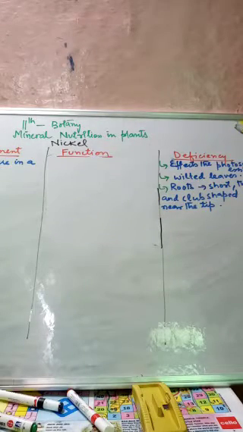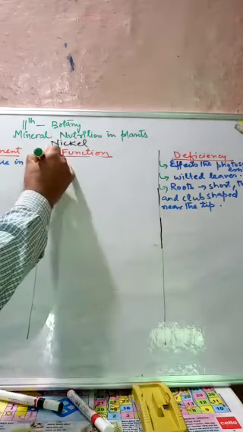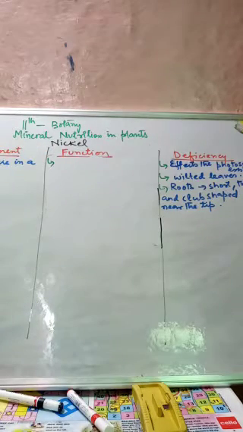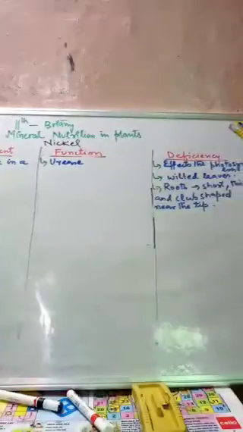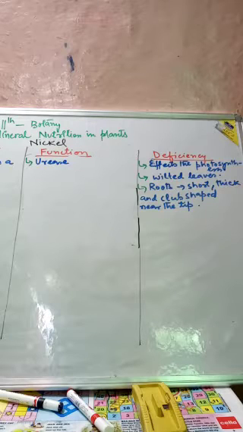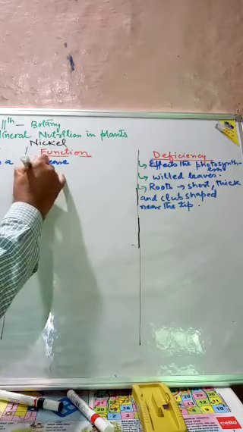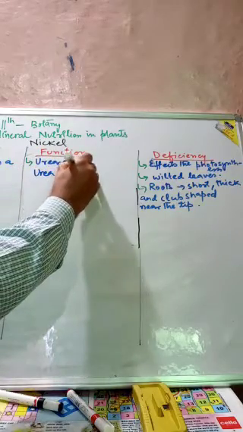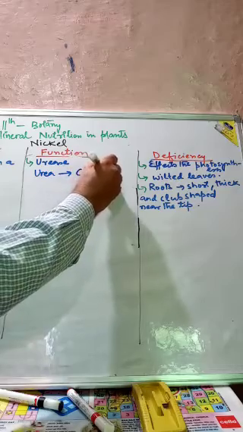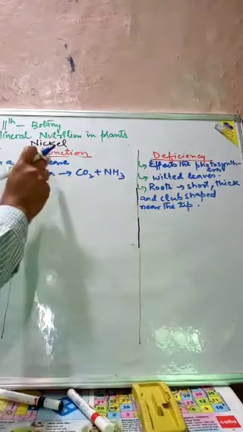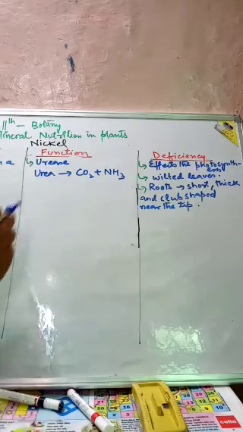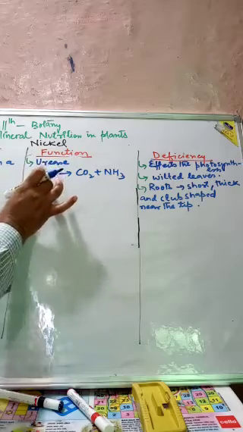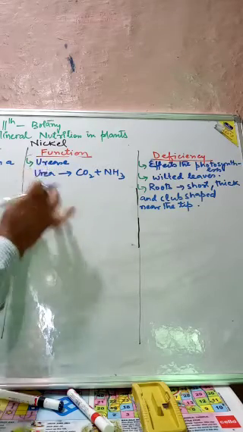First, if we talk about the function, it is an important component of the enzyme urease, and is therefore necessary for the conversion of urea into carbon dioxide, or rather ammonia.